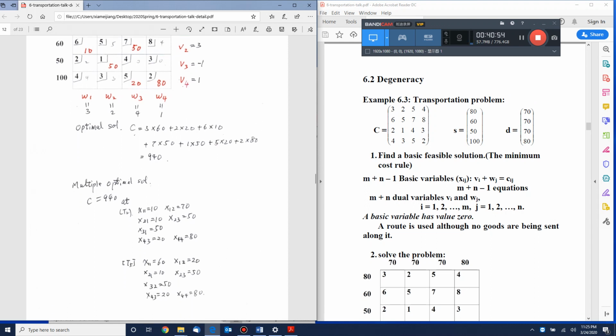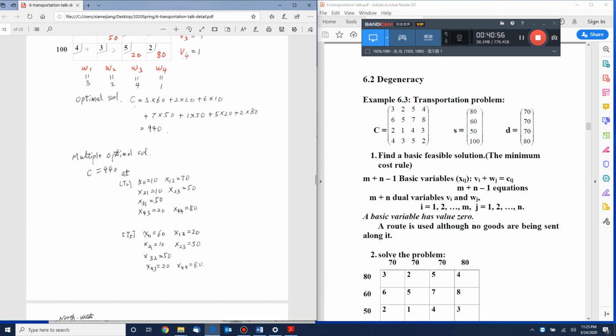We can write the multiple optimal solutions: C equals 940 with x11 equals 10, x12 equals 70, x21 equals 10, x23 equals 50, and x31 equals 50, and x43 equals 20, x44 equals 80.